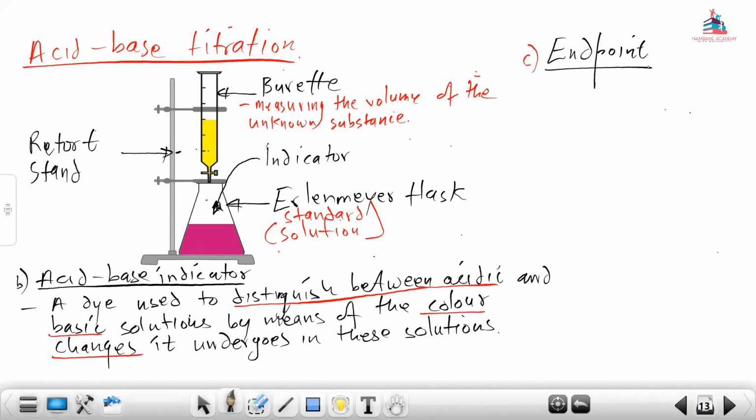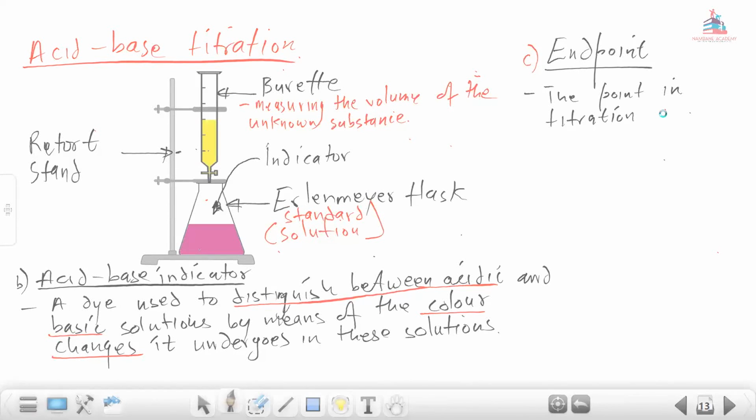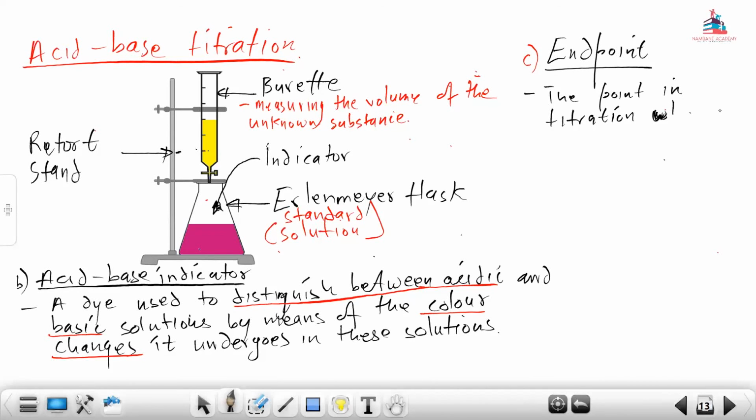An end point is the point in titration where the indicator changes color.